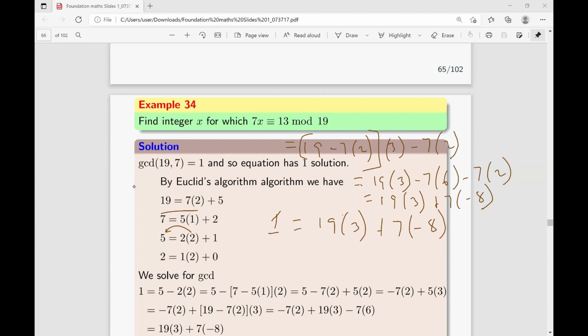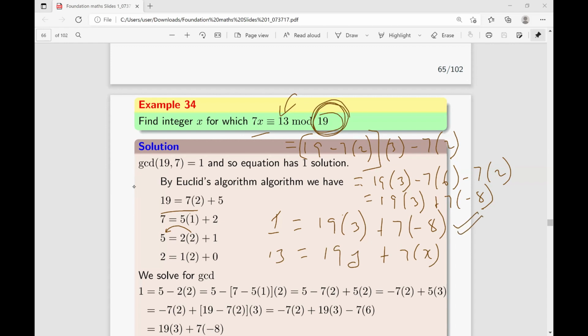But what we wanted was 13. We wanted 13 to be equivalent to 7 times x plus 19 multiplied by something, I call it y. That's what we wanted. But what we have instead is this.